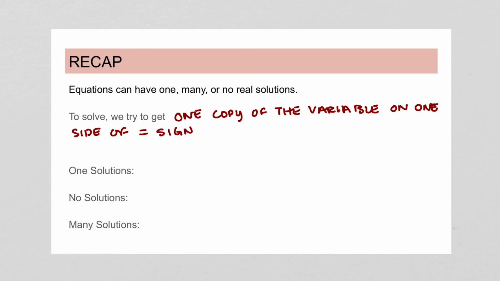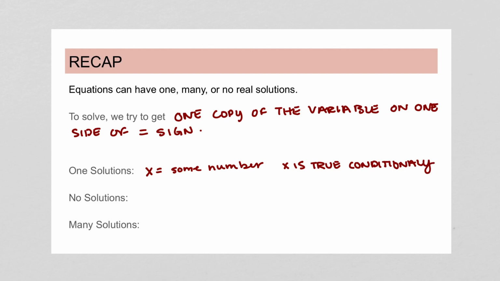We can get that by using inverse operations. And if we do that, when we see that it has one solution, that means that it looked something like x equals some number, right? So that means we know that x is true conditionally when x is whatever that one specific number is.